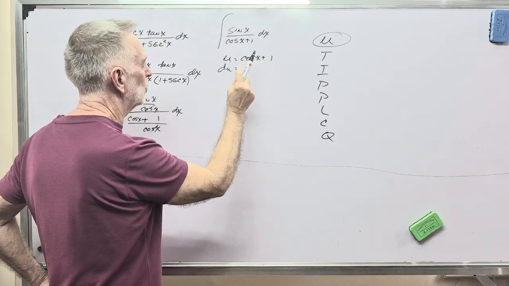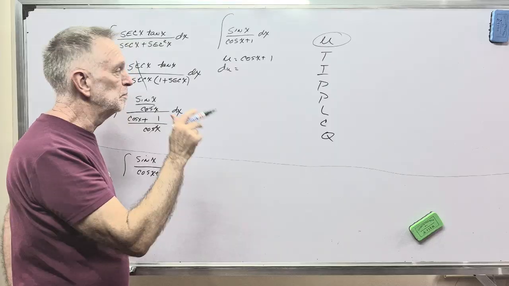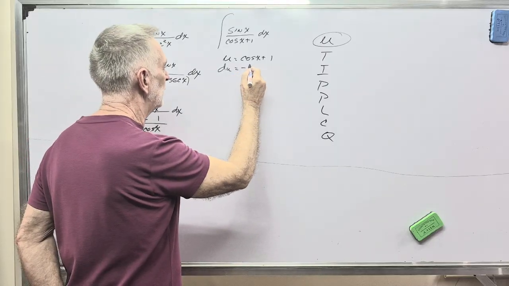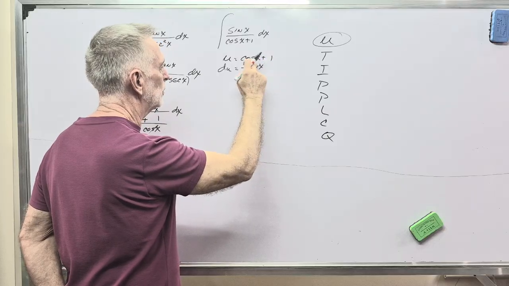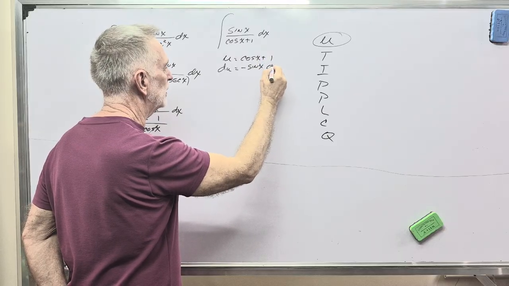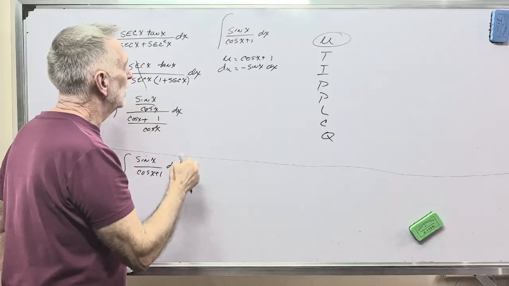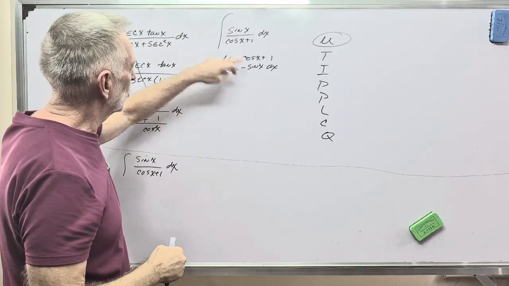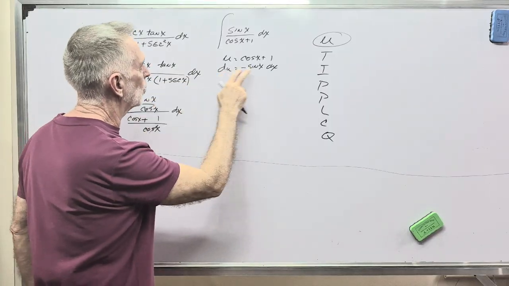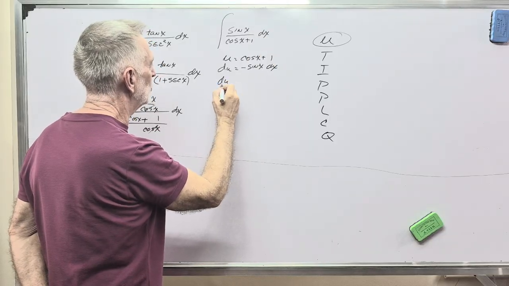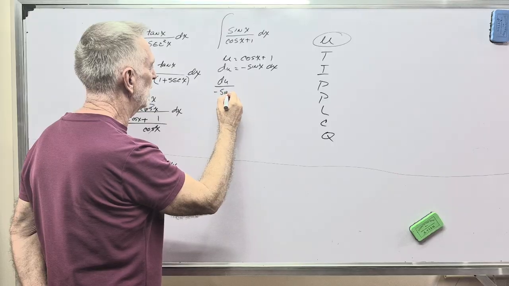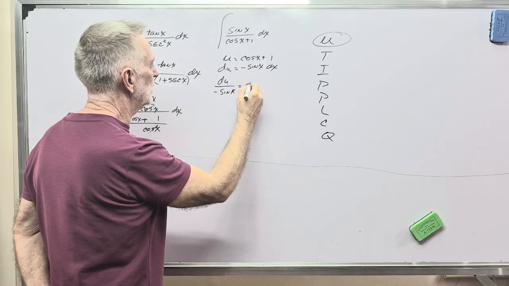Then du would equal, with the derivative of cosine being minus sine x, and the derivative of a constant being 0, minus sine x dx. We're trying to go into the u world here, so I need to solve for dx. So du divided by minus sine x equals dx.